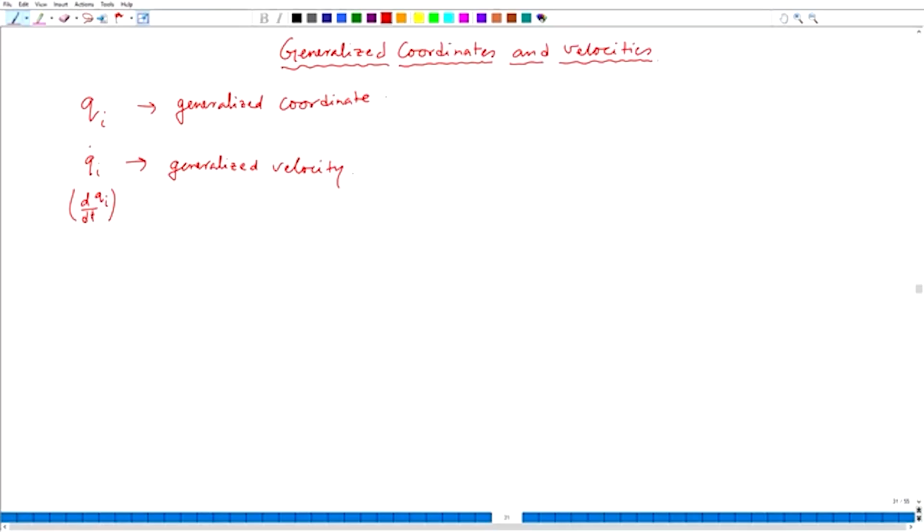So, now coming back to the case of a very usual classical mechanical system, most of the cases these generalized coordinates can be normal position coordinates, or actually some distance, and angular coordinates, that means some angles.